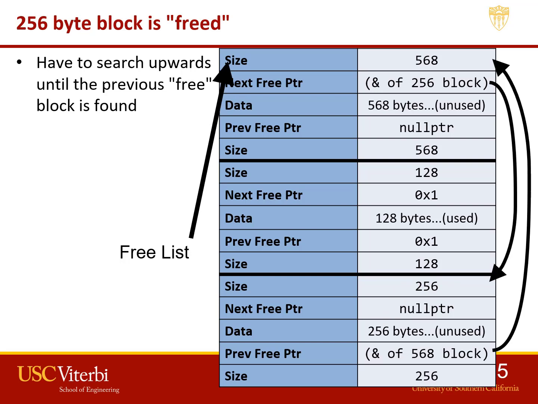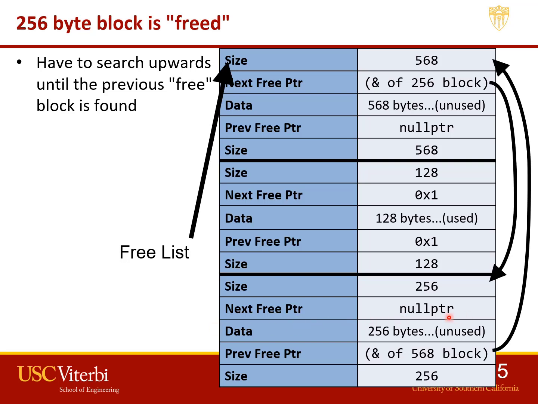Here's what we do. The user says, hey, free this. What are we going to do? We're going to go back up by 1 pointer. That should be the magic number. Maybe we'll confirm, is the magic number there? And back up from there, and that'll tell us how many bytes that was. The user won't tell us free the 256. They'll say free this address.